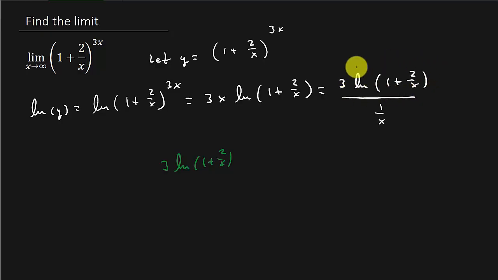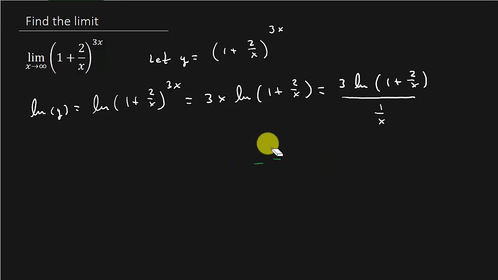It's this divided by 1 over x, or we can say it's this times the reciprocal of 1 over x. And that would give us 3x natural log of (1 plus 2 over x). So we would get this back, and this is just a different way to write it.